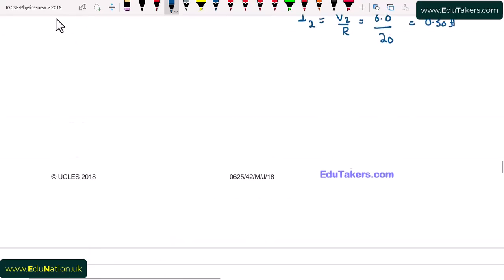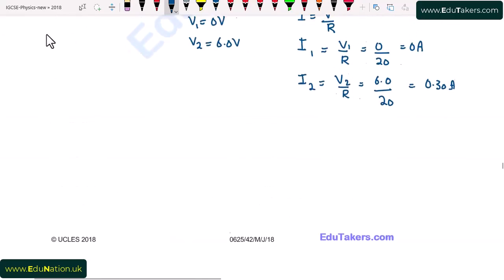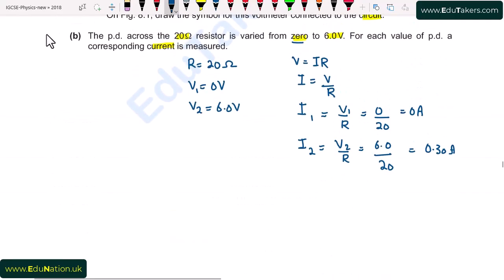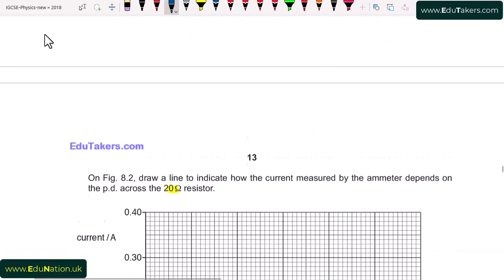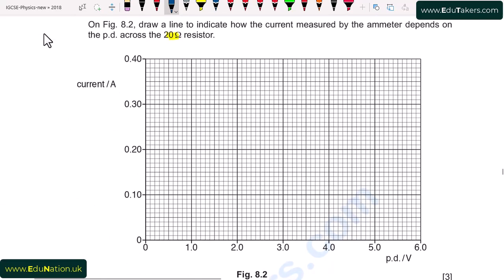So going back, here we make a point that when potential difference is 0 volt, current is also 0 ampere. Second point is when potential difference is 6 volt, current is 0.30 ampere. So using these 2 points, we draw a graph. First point is 0, 0, and second one is 6.0 and 0.30.